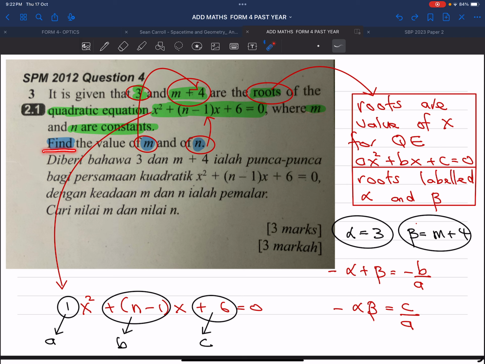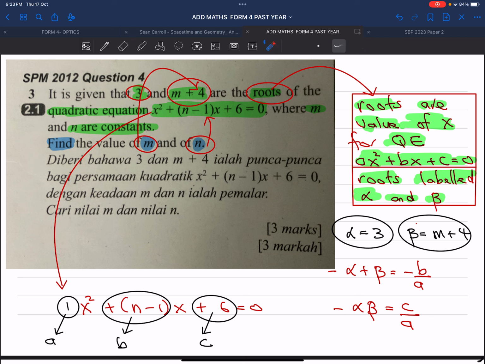Even before we read what the question is asking, we must know what the roots are. Roots are the values of x for a quadratic equation in the form ax squared plus bx plus c equals 0, and these roots are labeled alpha and beta.